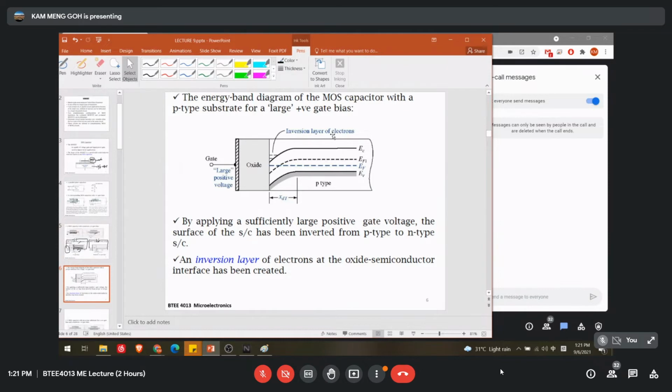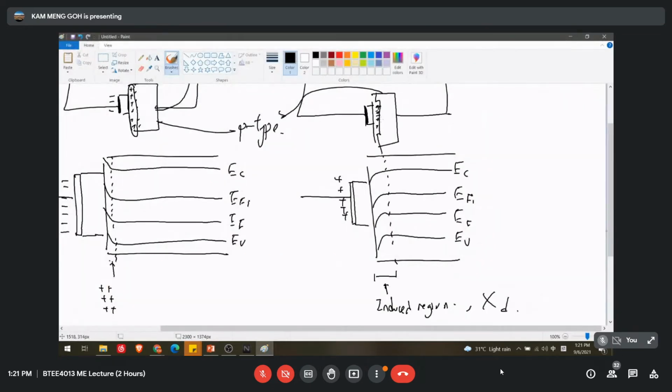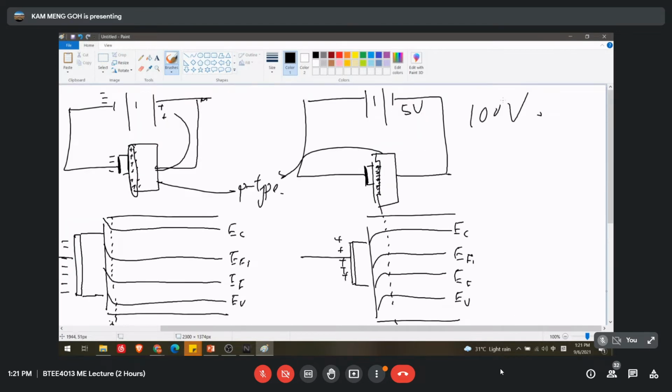Then by supplying a sufficiently large positive gate voltage, the semiconductor is inverted from the p-type to the n-type. Sorry for the little mistake just now. This should be the negative area. This should be the induced negative. So if we supply big enough voltage, the induced area will become bigger and bigger.